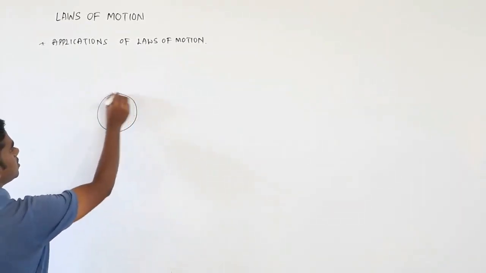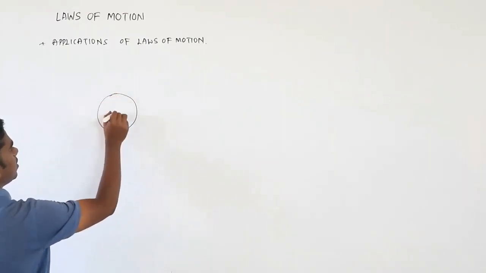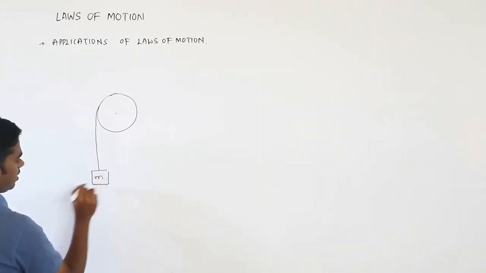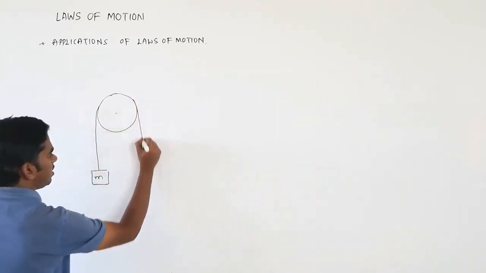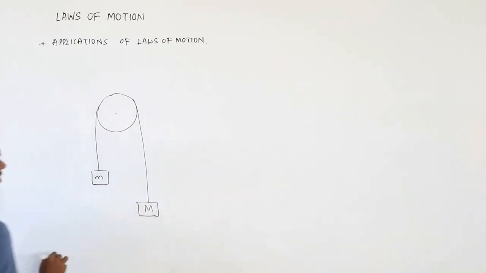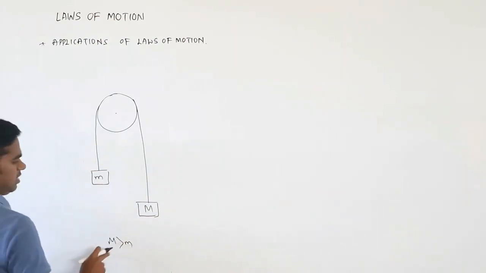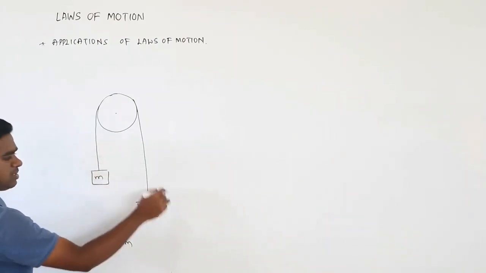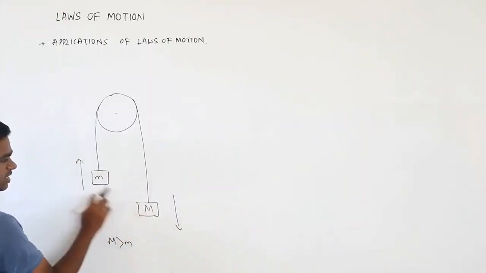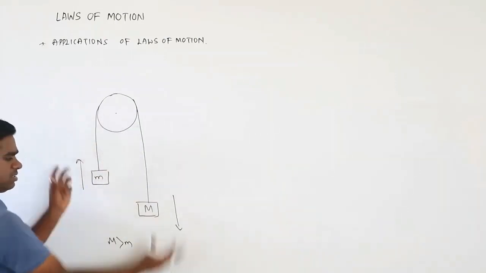Suppose there is a pulley and on this side one mass is connected, which is light, M. And one more mass I will connect here, which is going to be the heavy one, M. So M greater than M means it will start moving in this direction, upward, because the heavy side starts moving.